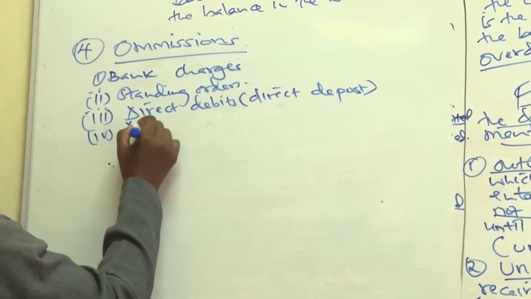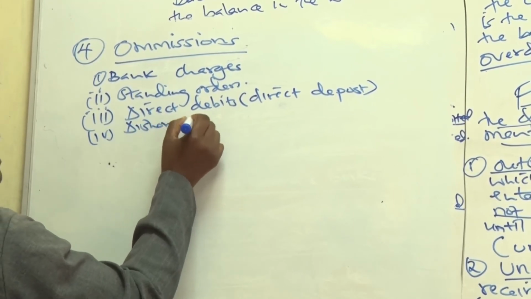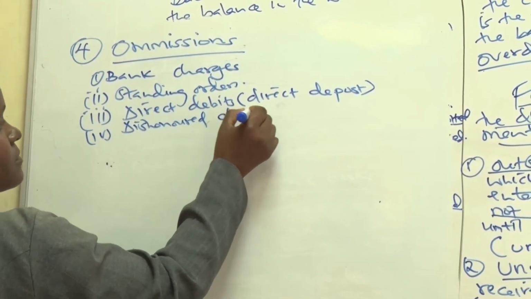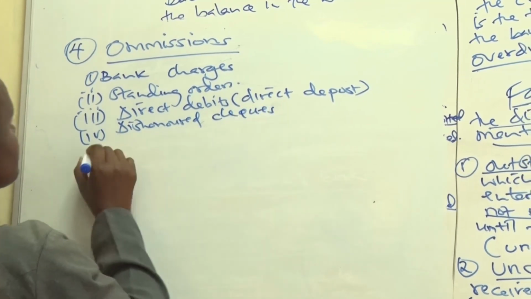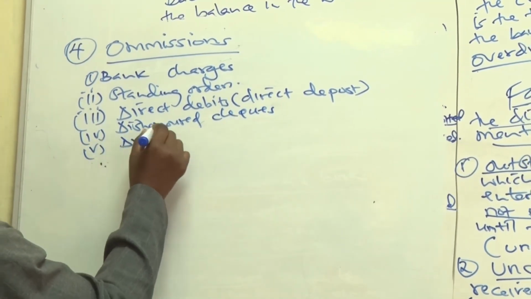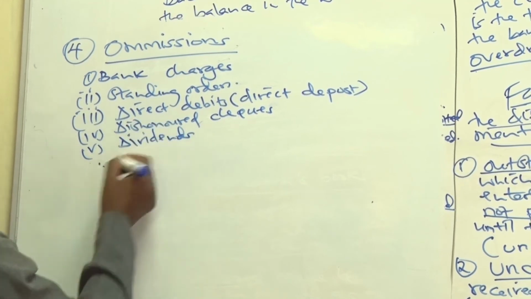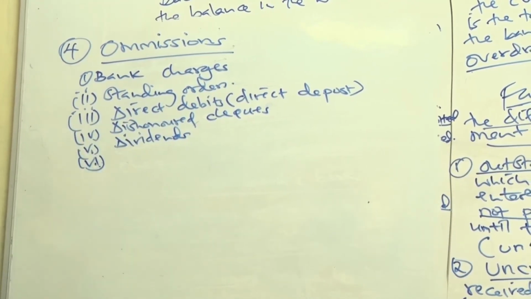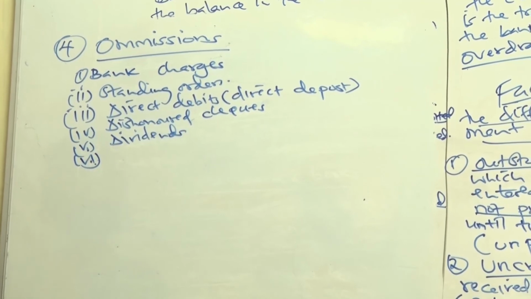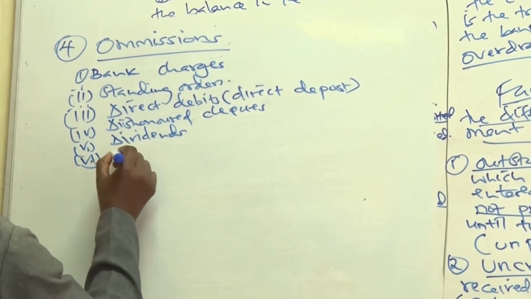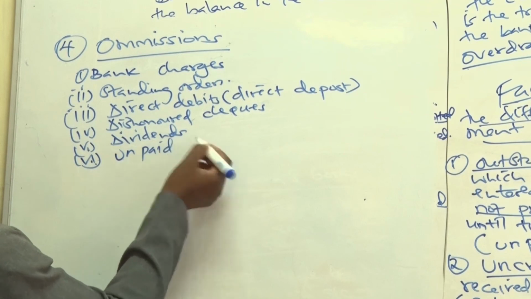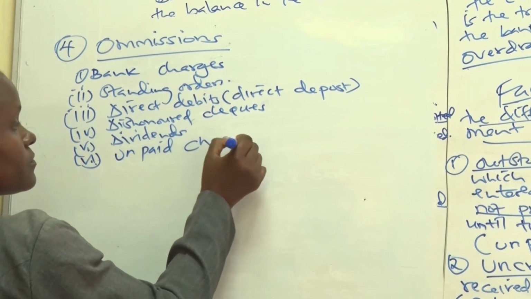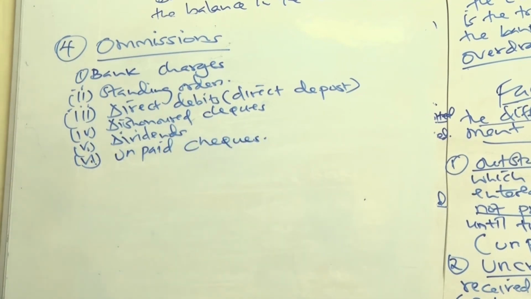We can have the dishonored checks. We can have the dividends. There are so many. Also, we can have the unpaid checks. So all these items are found in the bank statement, but they are not in the cash book.